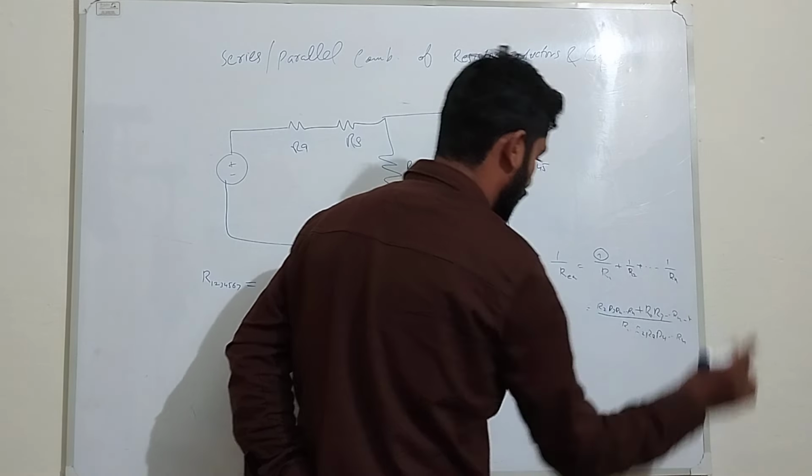Now at the next step, 1 over R equivalent will be here, and how to solve R equivalent? R equivalent will be flipped upward, so R equivalent will be R1 R2 R3 and so on to Rn, its multiplication divided by their HCF.